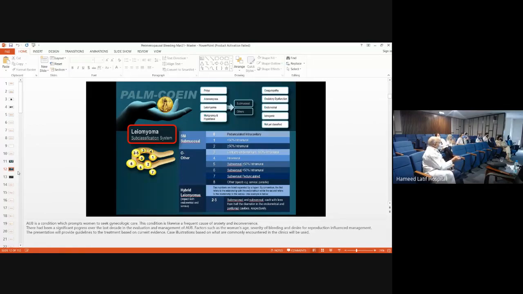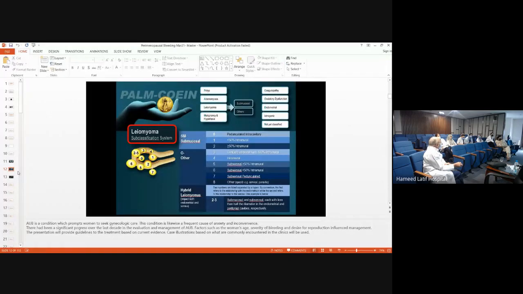It is easy to remember. If it is on the lower side, 0 is completely submucous. And 7 is completely a pedunculated one. And from there, 1 is mostly more than 50% in the cavity, or less than 50% intramural.